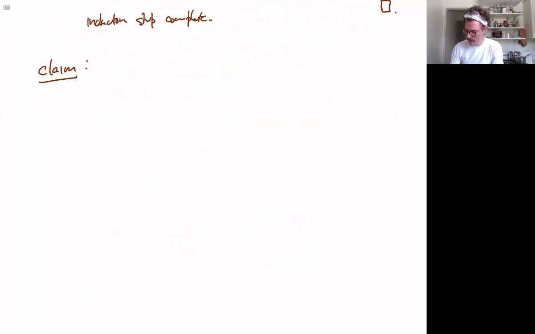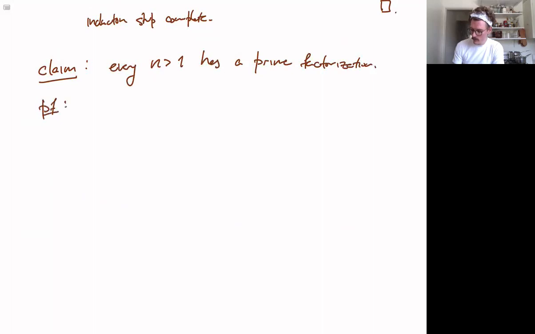So claim: every n greater than 1 has a prime factorization. And remember, how did we prove this?